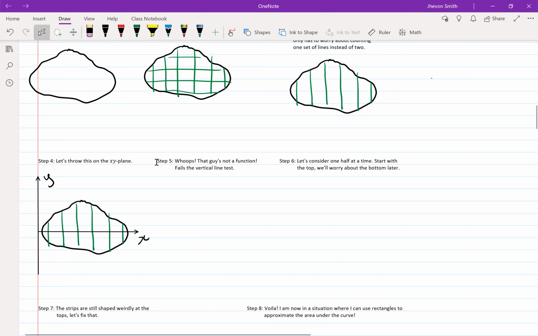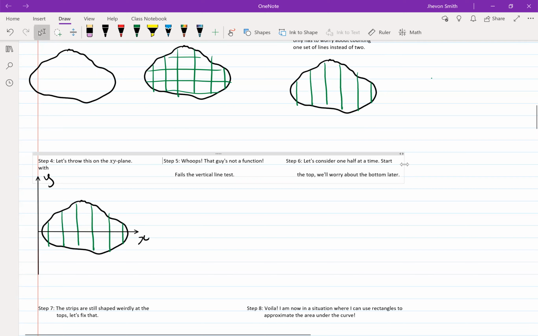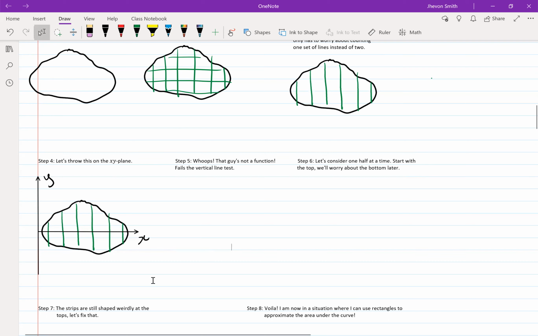Now, it turns out that there are immediately some issues with this. What is the issue that arises here?